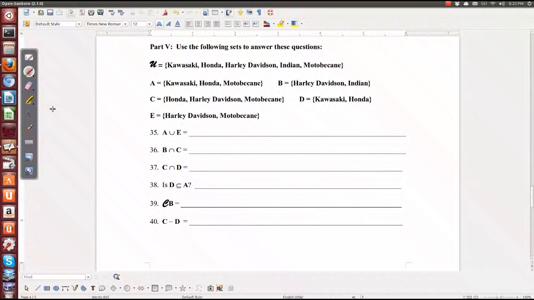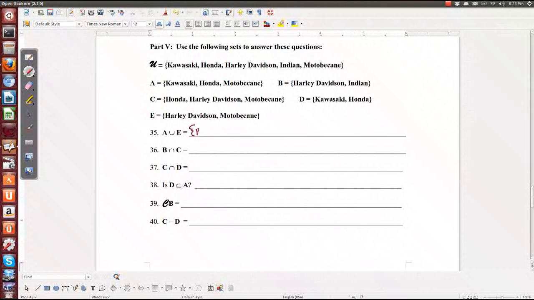So I've got A union E. Remember, a union is a set that contains all elements found in either set. So it's going to contain everything that's in A or in E or both.